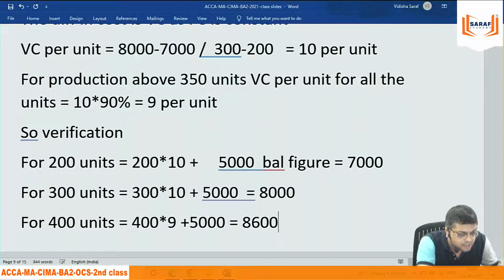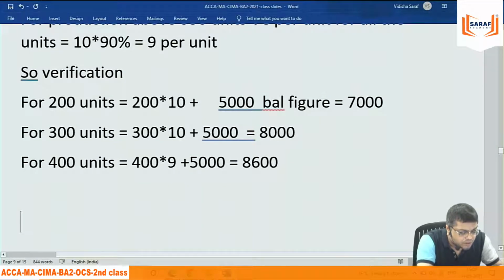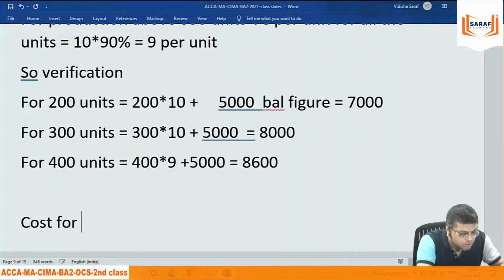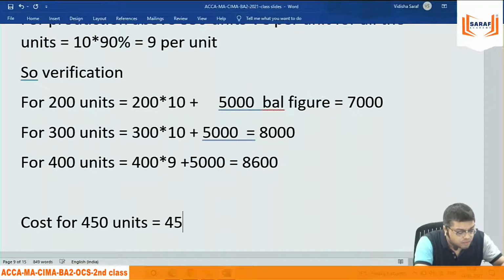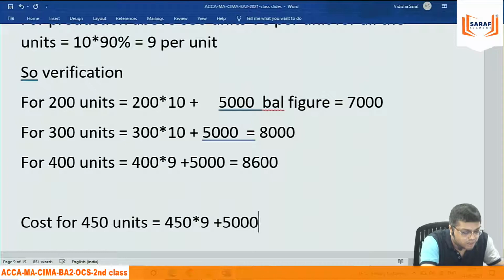So 8600. All three are correlated. Cost for 450 units is 450 into 9 plus 5000. So that is coming 9050.